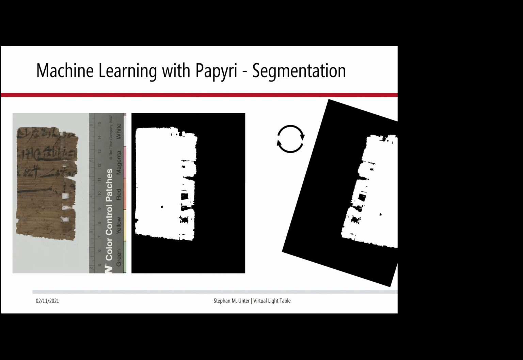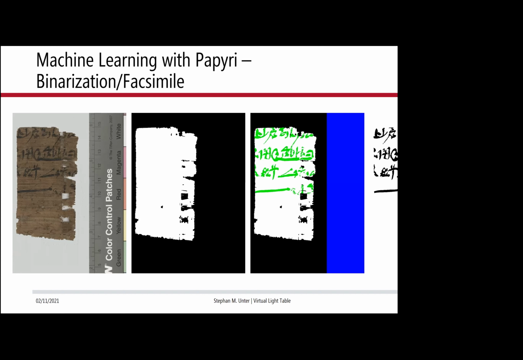This would be nice. Also nice would be to have an automatic facsimile, so the very famous vectorization, also not very much a problem because it's basically a multi-class extension of the segmentation case. So what I did here is I added additional classes, so my computer recognizes the background, then the color scale, because the color pads sometimes interfere with the papyrus.